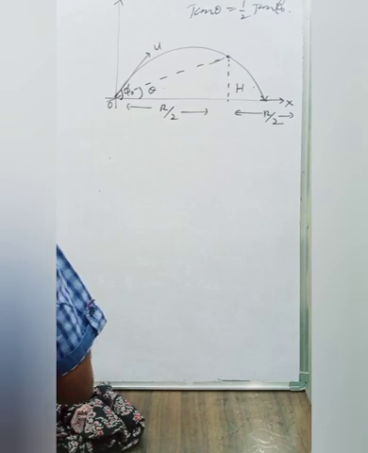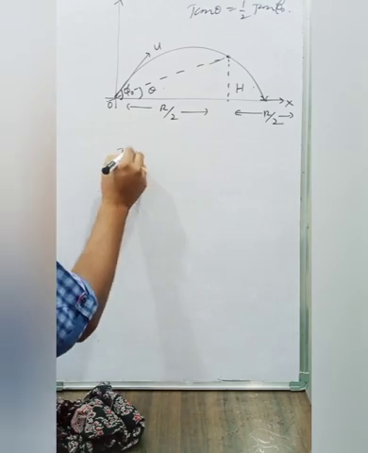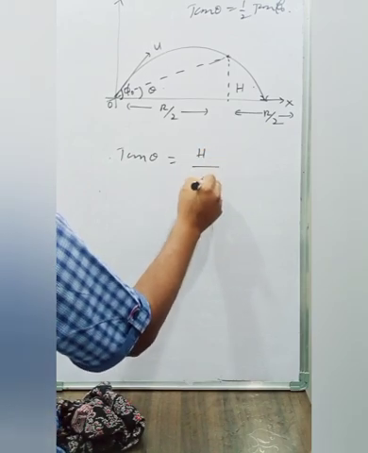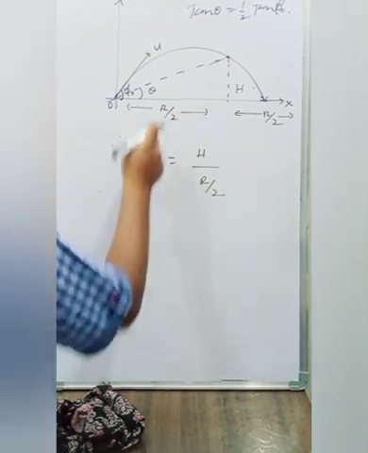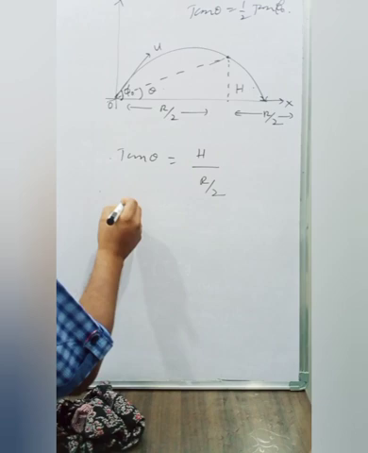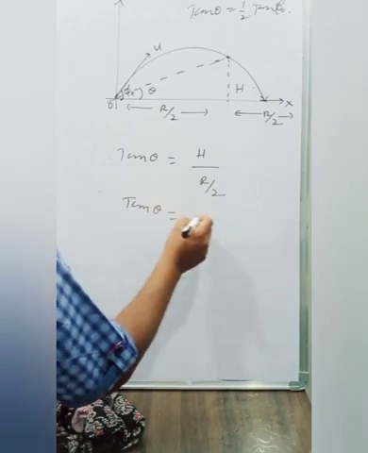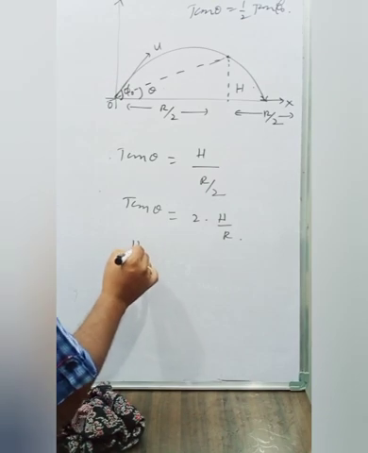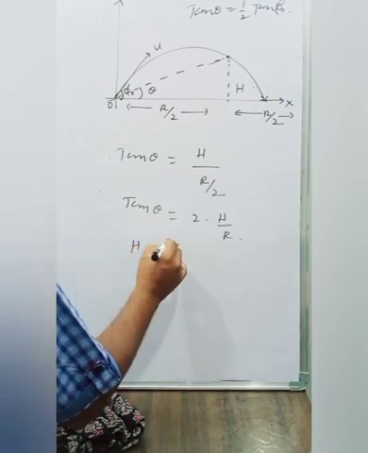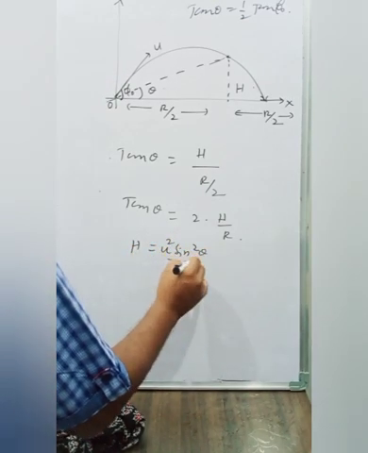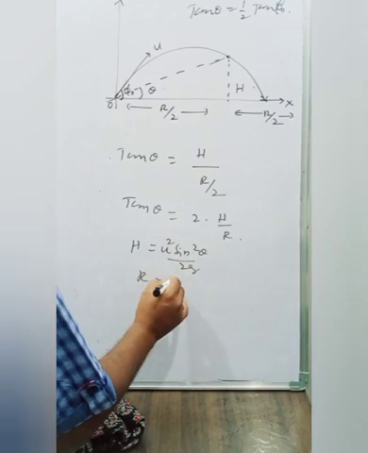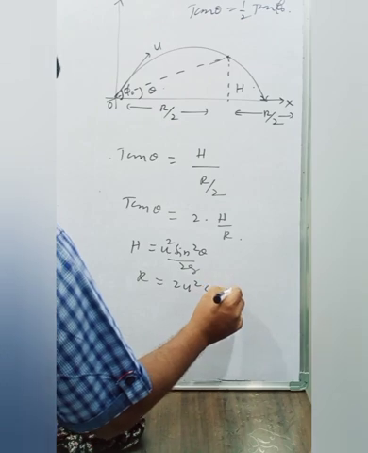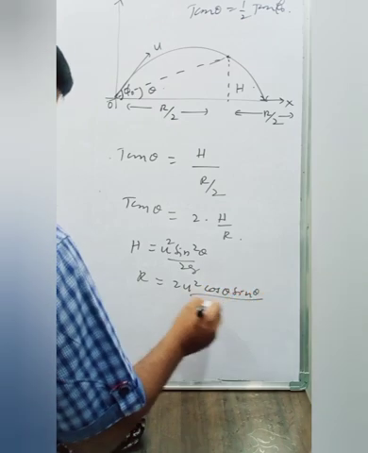We know that tan theta is equal to opposite, which is h, and adjacent, which is r by 2. Therefore tan theta is equal to 2h by r. Here we know h is equal to u square sin square theta by 2g and r is equal to 2u square cos theta sin theta by g.